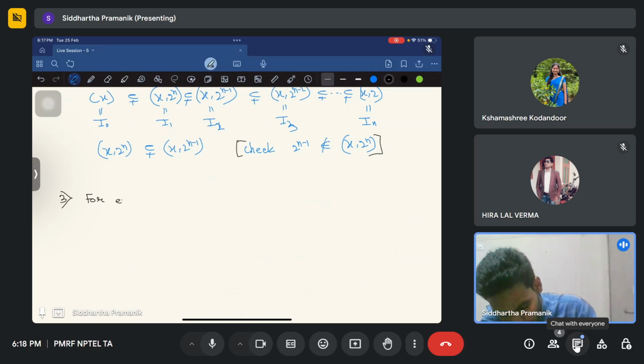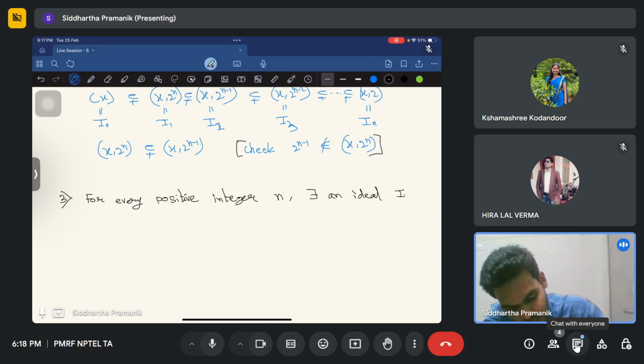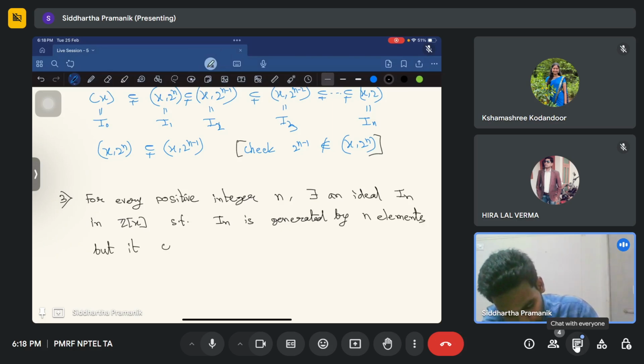But for every positive integer n, there exists an ideal, let's say I_n in Z[x], such that I_n is generated by n elements, but it cannot be generated by, let's say, n minus 1 elements.